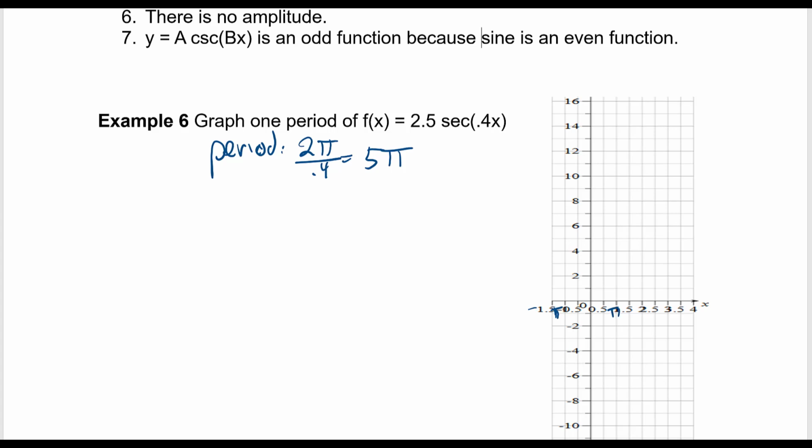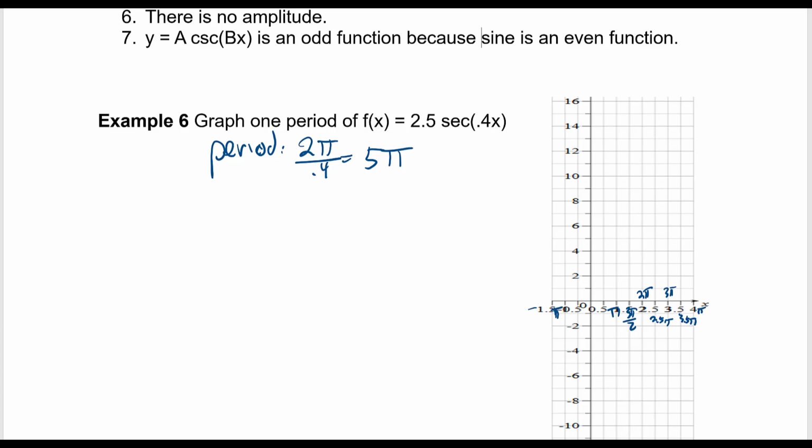We'll call that pi, and this would be 3 pi over 2. And we have half pi, pi, 3 halves pi, 2 pi. Then we have 2.5 pi, 3 pi, 3.5 pi, and 4 pi.